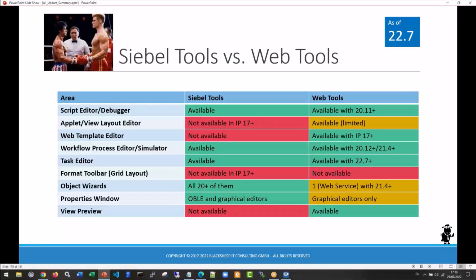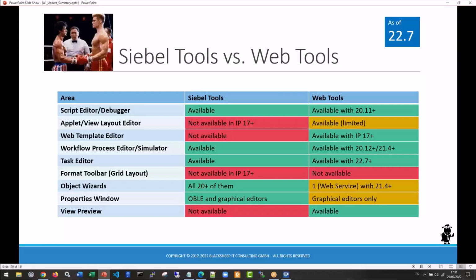It depends on the version you're on, but in modern versions of Web Tools, you have a script editor and debugger in the comfort of your browser. You don't need to launch Siebel Tools nor develop a web client. The applet view layout editor, as we know, has been removed from Siebel Tools and moved to Web Tools, but it's not completely up to par.